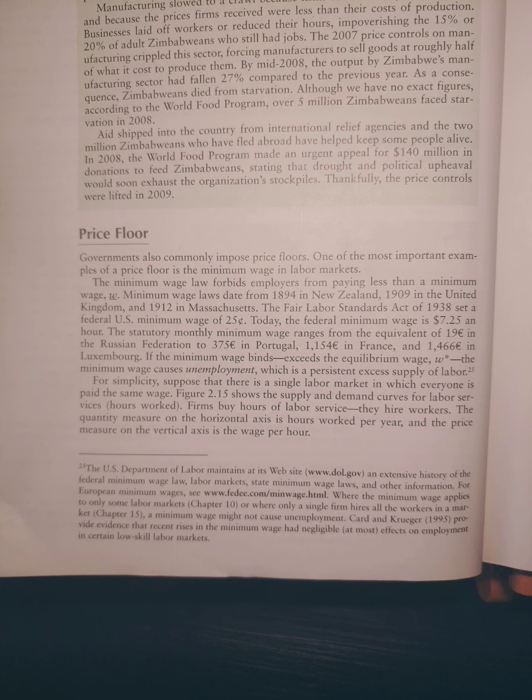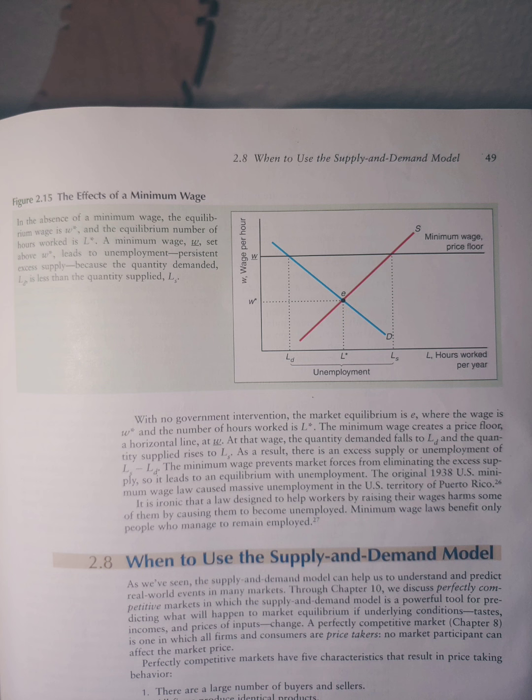The quantity measure on the horizontal axis is hours worked per year, and the price measure on the vertical axis is the wage per hour. With no government intervention, the market equilibrium is E, where the wage is W star and the number of hours worked is L star.